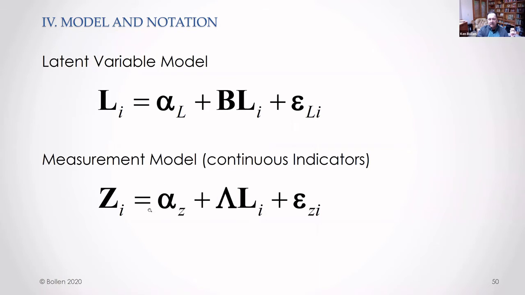If we go down to the measurement model, the Z, these are the measures, or the indicators, just stacked in a vector. There's a regression intercept for every one of the measures. If it's a scaling indicator, that'll be set to 0, but for the other ones, we'll estimate it. The factor loading matrix, lambda here, I said that you could consider this a matrix of regression coefficients.